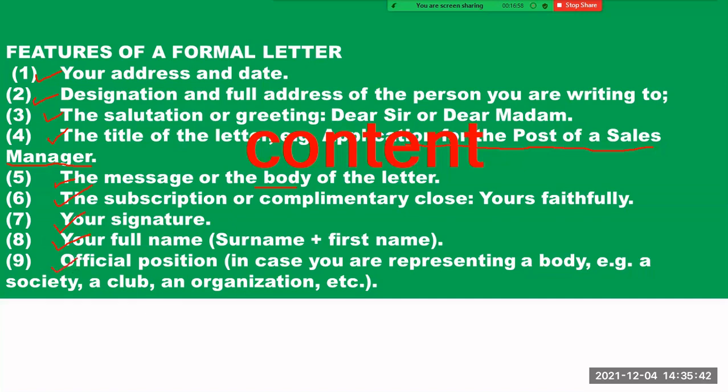Then the next feature is optional. That is, in case you are representing a body or an organization, like a society, a club, or an organization. If you are writing in your capacity as the president of a club or the secretary of a club, then you can indicate your official position. So these are the features of a formal letter.